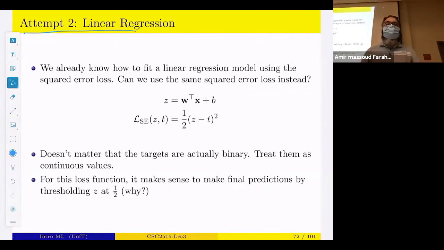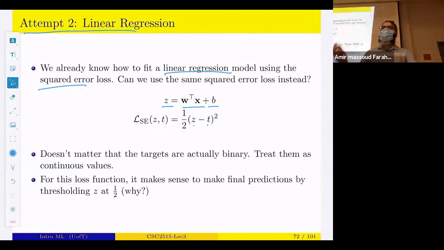Okay, so attempt 2 uses a squared error loss function, and we see how it works. We know how to fit a linear regression model using squared error loss, so maybe we can use the same squared error loss instead. We have z as w transpose x plus b. Squared error loss is the difference between z and t. We can argue that it doesn't really matter whether the targets are binary or not. I mean, they are 0 or 1, or -1 and +1.